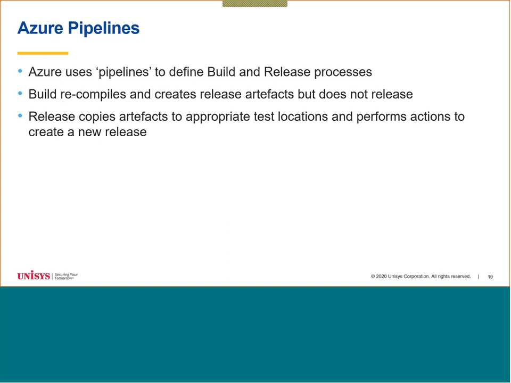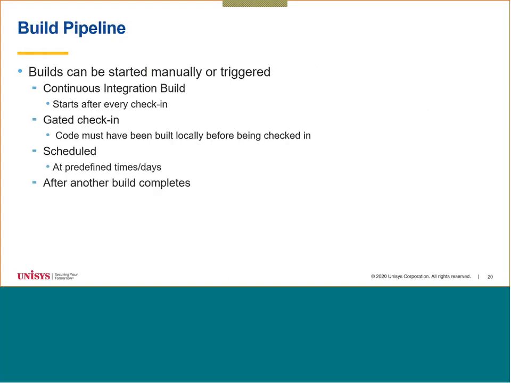And then the release pipeline takes whatever artifacts you've built within the build process and copies them to the appropriate location. So they're two distinct, separate processes, and the way you control how one is triggered after the other, there's a huge variety of choices.